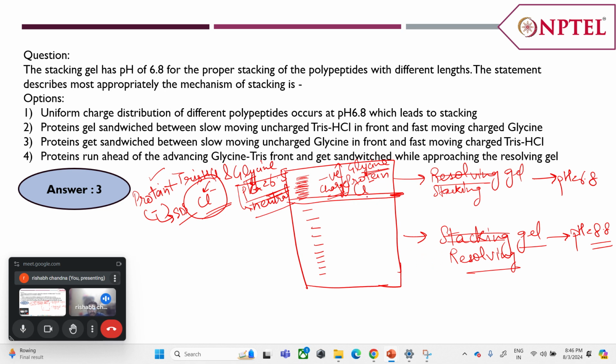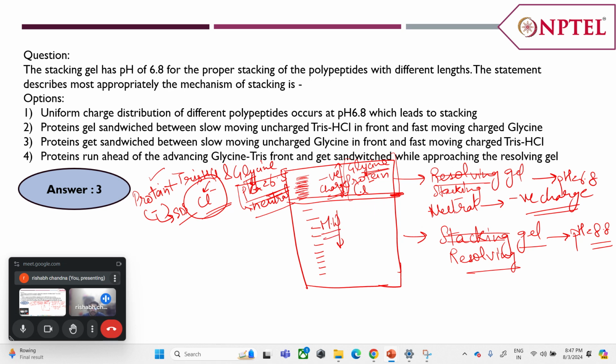Now what will happen? Chloride will have the highest negative charge. Okay, now glycine will move from neutral to negative charge. Okay, now what will happen? All the three moieties will have a negative charge, but now the movement will be on the basis of the molecular weight or the molecular mass.